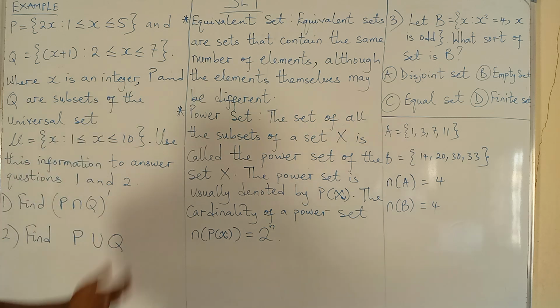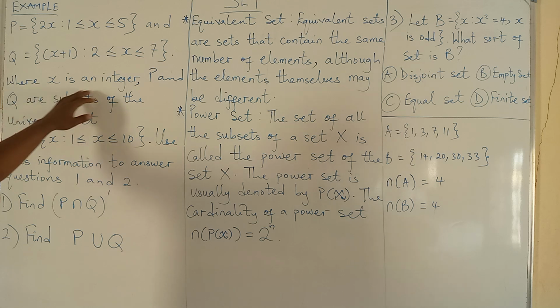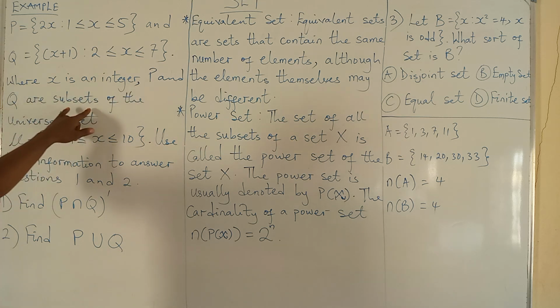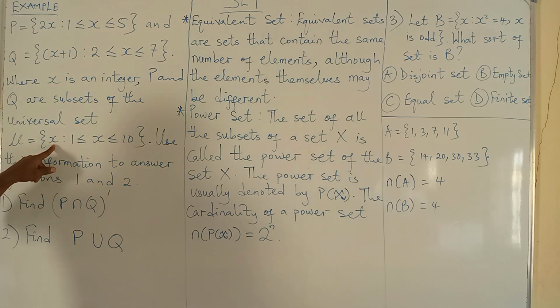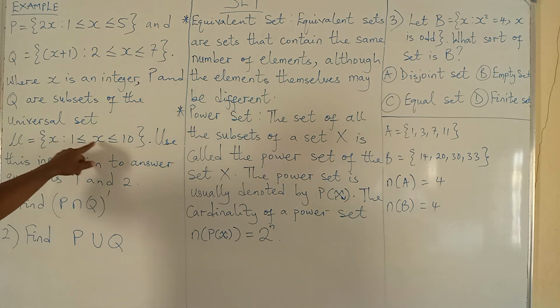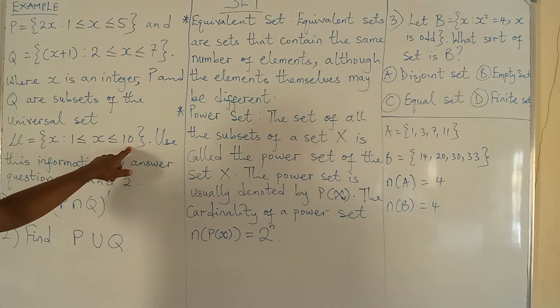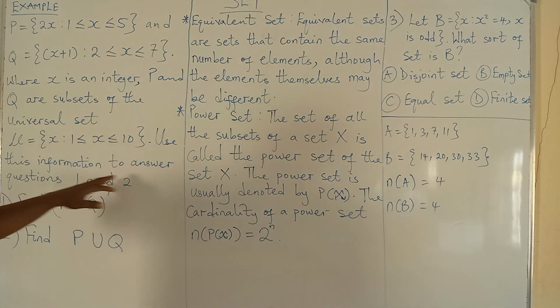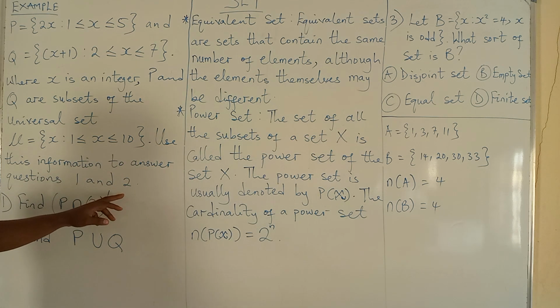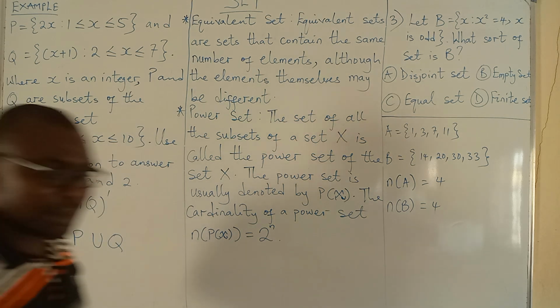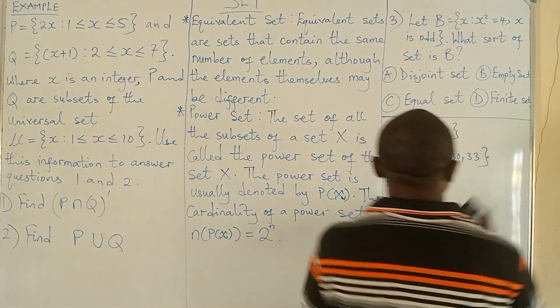What is an integer? An integer is a whole number. So where x is an integer, P and Q are subsets of the universal set. The universal set is a set of x such that 1 is less than or equal to x is less than or equal to 10. Now we are to use this information to answer questions 1 and 2.